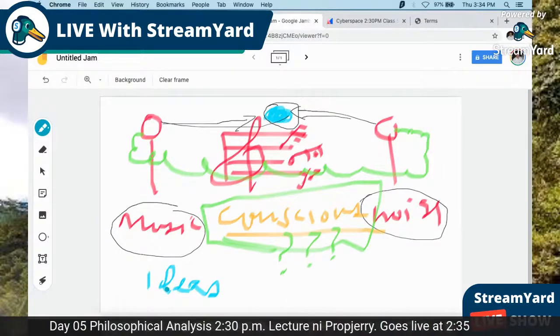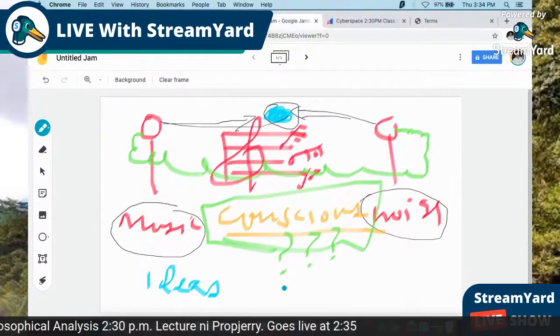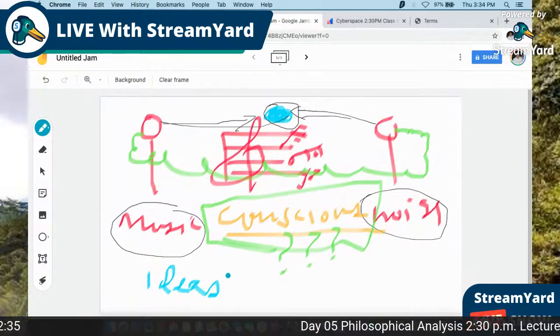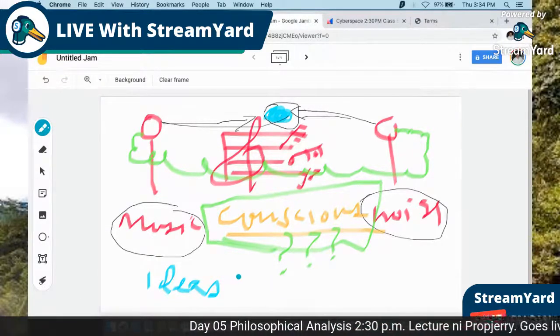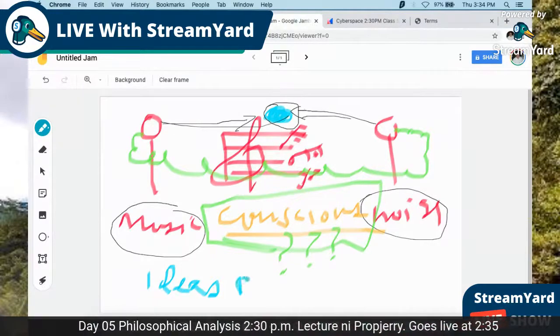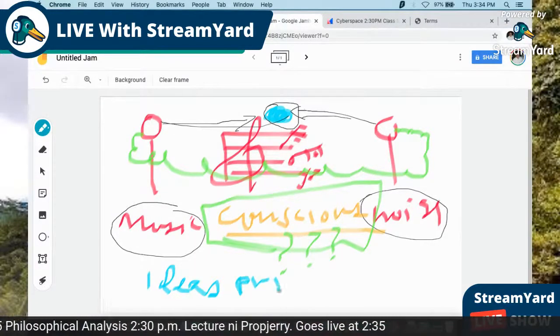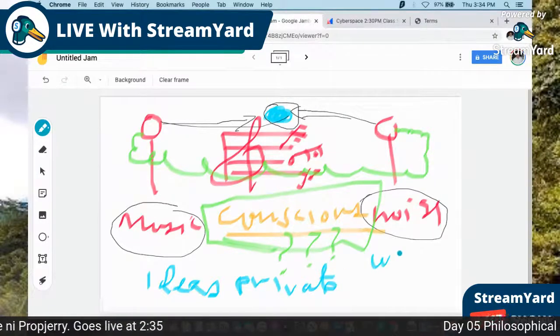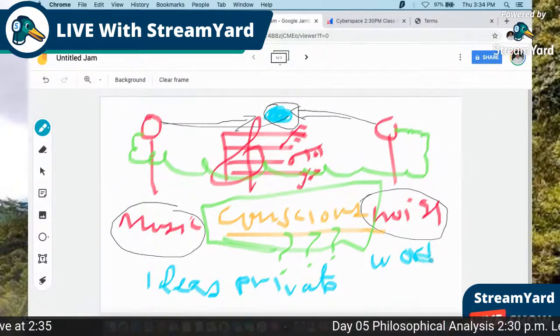Your idea of pain, that's why you have to write poetry. That's why you have to write songs. You want to express your pain. Your idea of pain is private. Ideas are private. But words are public.